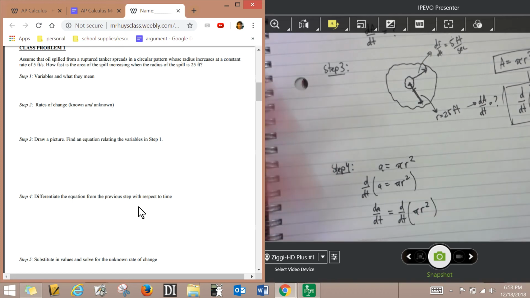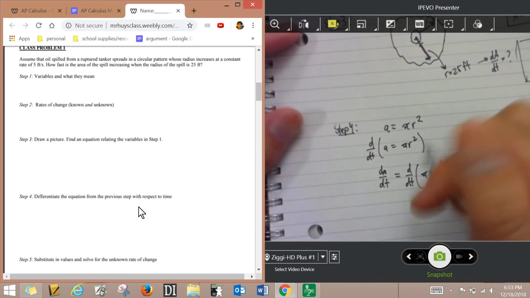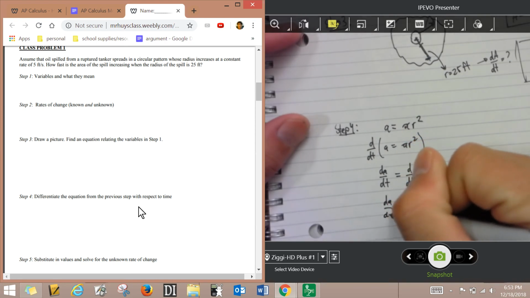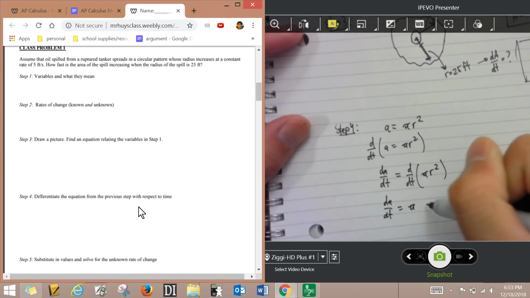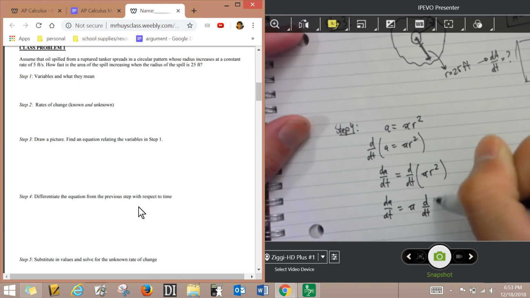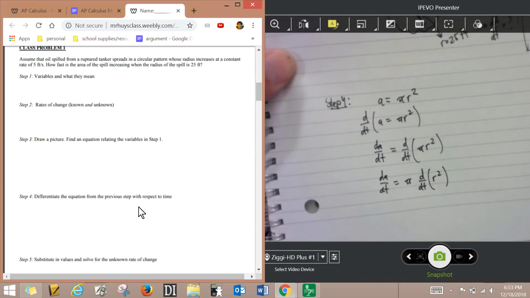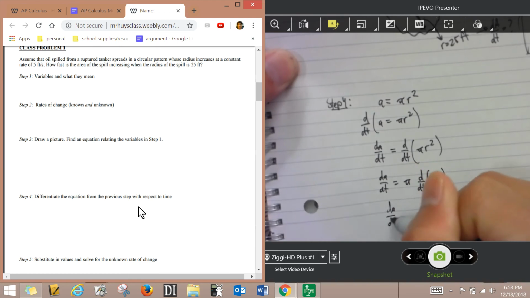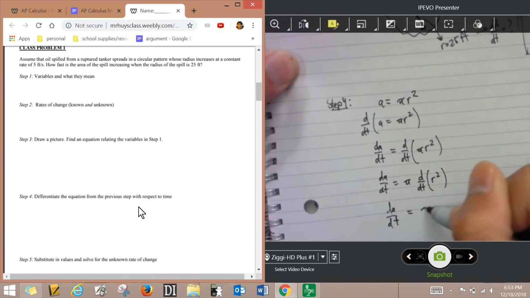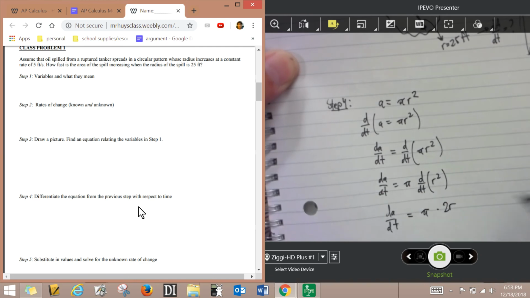Let's rewrite this again: dA over dt is equal to pi times d over dt of r squared. What this would look like is dA over dt equals pi times 2r, and then because r is not explicitly a function with t shown, you have to say 2r times dr over dt.